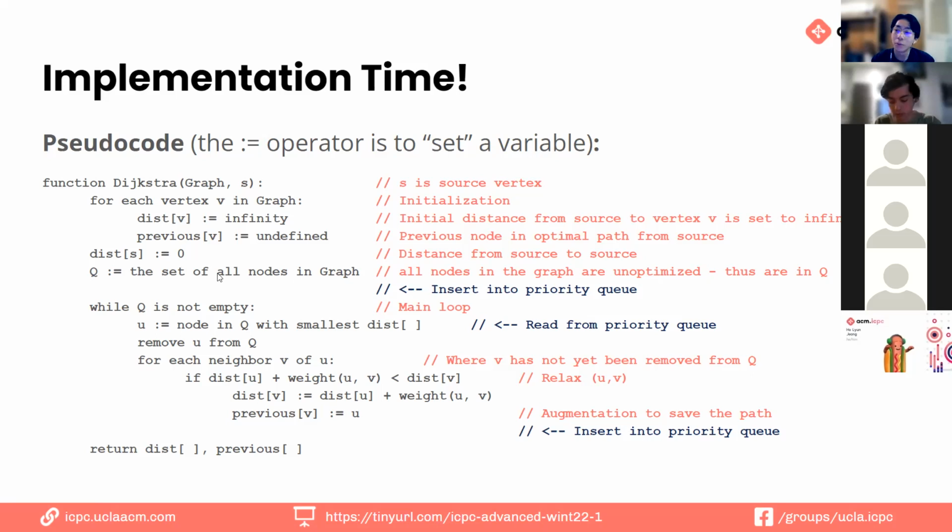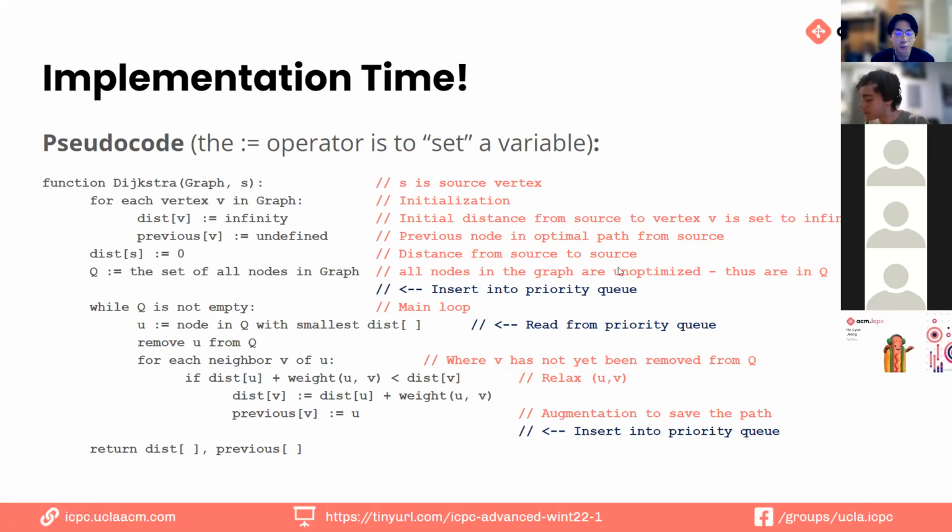By adding in one more array, we are able to keep track of the previous vertex that we came from, and backtrack from the final destination of our path. So every time we do the relaxation, we're also going to keep track of where the path came from.